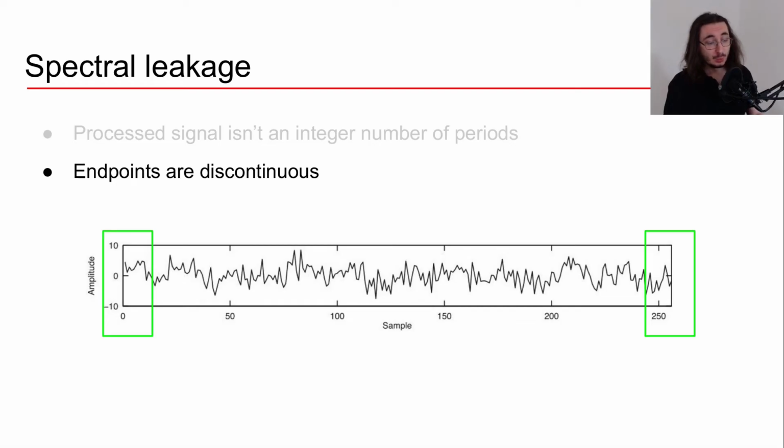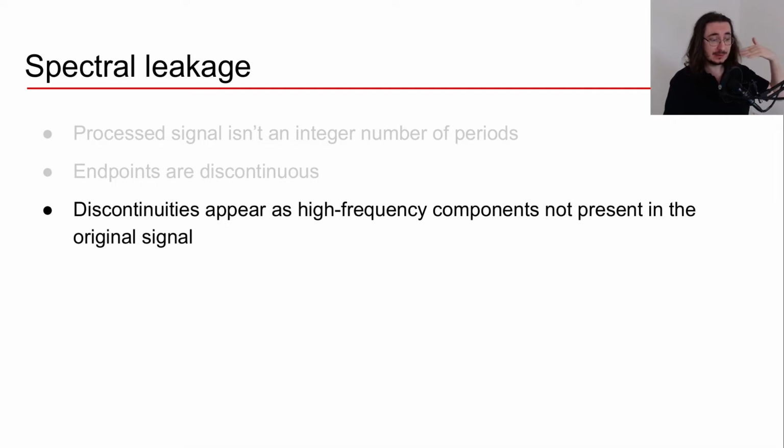And so what happens is that these discontinuities get translated into the spectrum, or the frequency domain, as high frequency components. But these high frequency components really don't exist in the original signal.